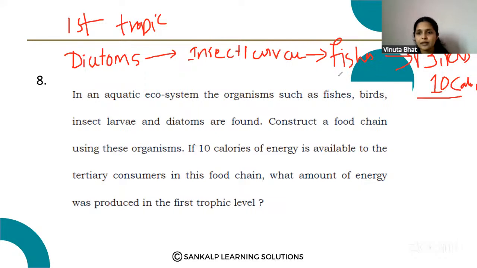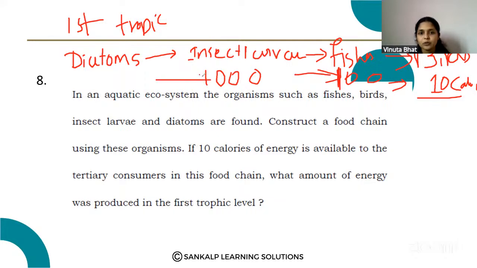So what is 100% here? 100 calories. 10% of 100 calories is 10 calories. Again the 10% law you have to apply here. 100 calories are present at the fishes, so 1000 calories at the insect larvae. 10% of 1000 calories, that is 100 calories, is transferred to the fishes.